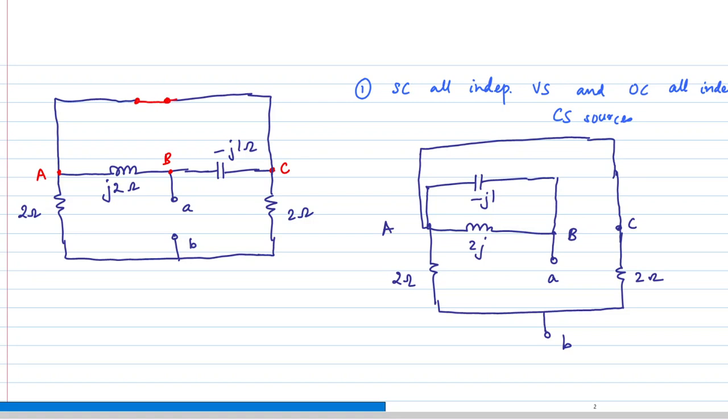Now there is a trap in this question. We will think that the minus j2 ohm and minus j1 ohm are shorted right here, but they are not actually shorted. They are actually connected in parallel.